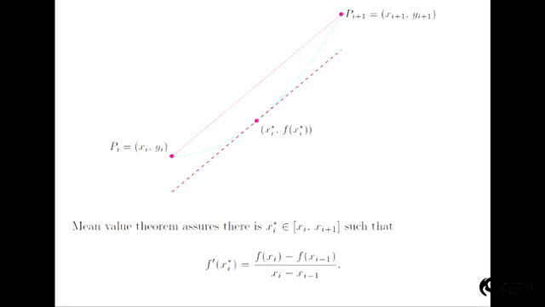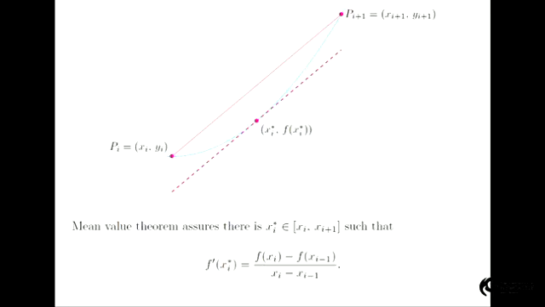The mean value theorem says that if you have a curve and you pick two points on that curve and draw a line between those two points, that the slope of that line, well, okay, let me say this again. If you take two points on a curve and draw a line between them, you should be able to find some point in between those two points such that the slope of the tangent is equivalent to it.